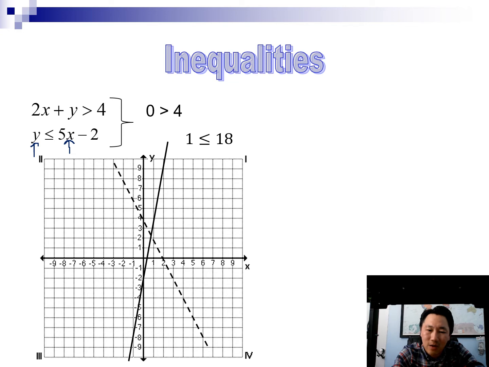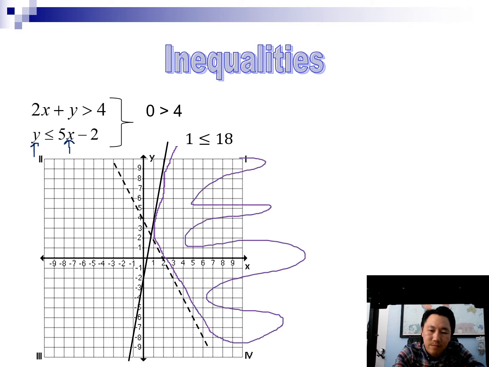And it looks like they overlap, I'll use purple, here, here, and then everywhere over here. All right, so that's where they both overlapped. Okay, and that is our answer.